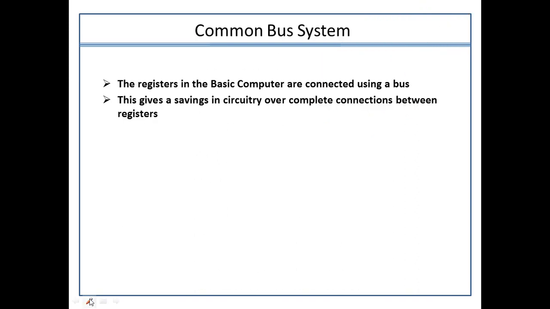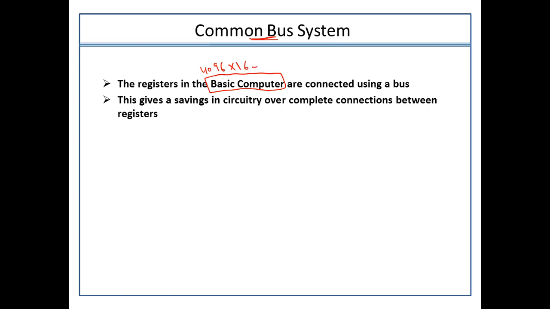First of all is the basic computer: the common bus system of a basic computer. Guys, it is very important to understand that the common bus system that we are going to learn here is purely in regard to the basic computer configuration.